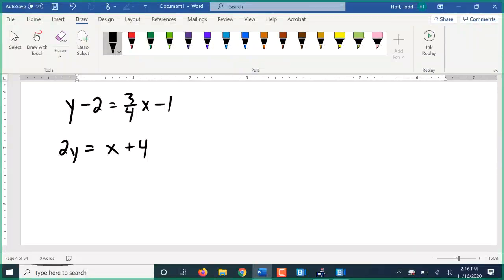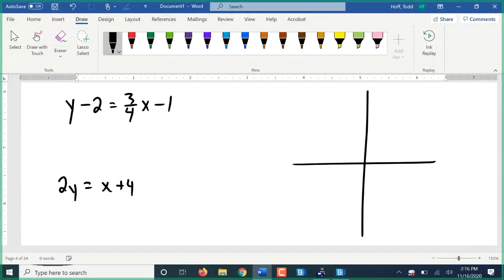When I go to graph these, in fact, I'm going to move this one down a little bit to give me a little bit of room. Both of these have things that have to be adjusted.